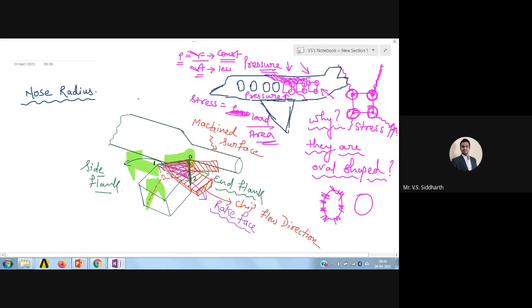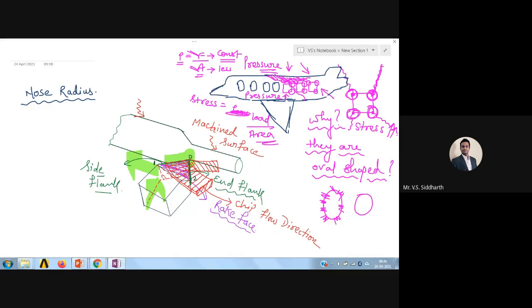One surface is the machined surface. Another surface is what? Tell me what should be its name. Unmachined surface. See, I already told you in the starting of the lecture that this is a secondary manufacturing process that we are studying.